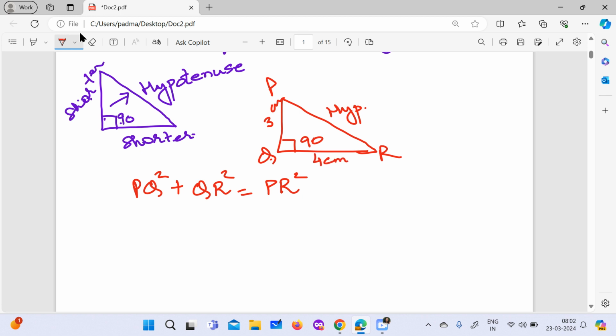Let's see that. I will write it like this: PR square equals PQ square plus QR square. Then I just input all the values.